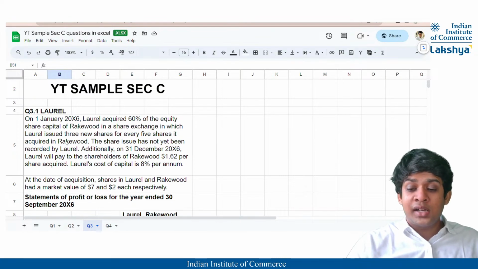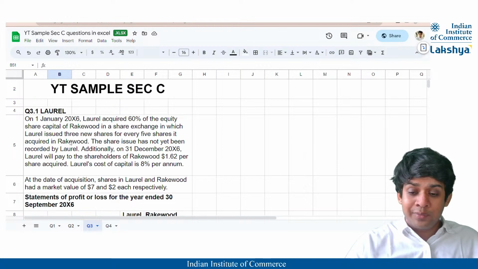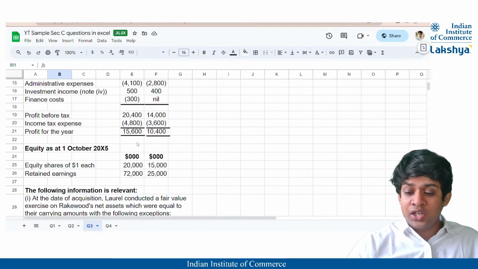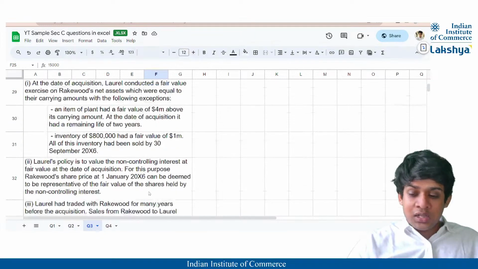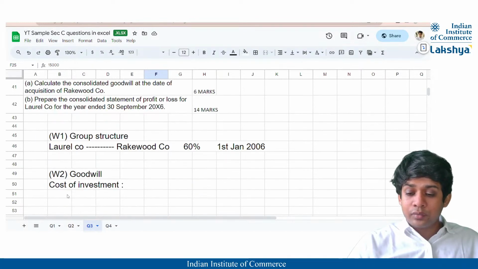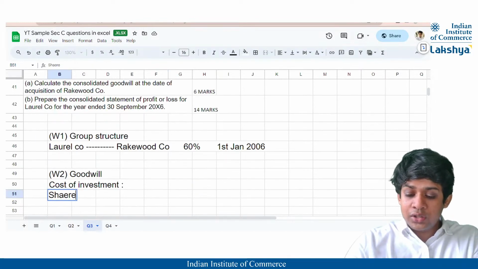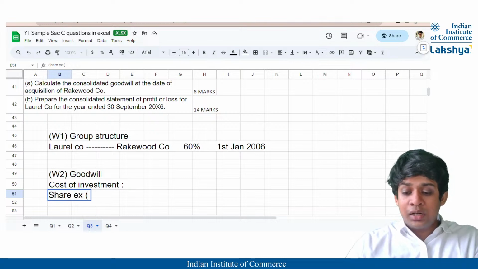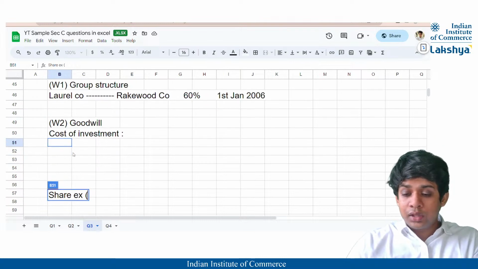So that means first we have to identify the number of shares acquired, right? They have acquired 60% of the shares, right? So firstly we'll see what the share capital is. You can see equity share capital at 1st October 2005 is 15,000, correct? Of the subsidiary company it is 15,000. That means for the share exchange, what is the share capital?